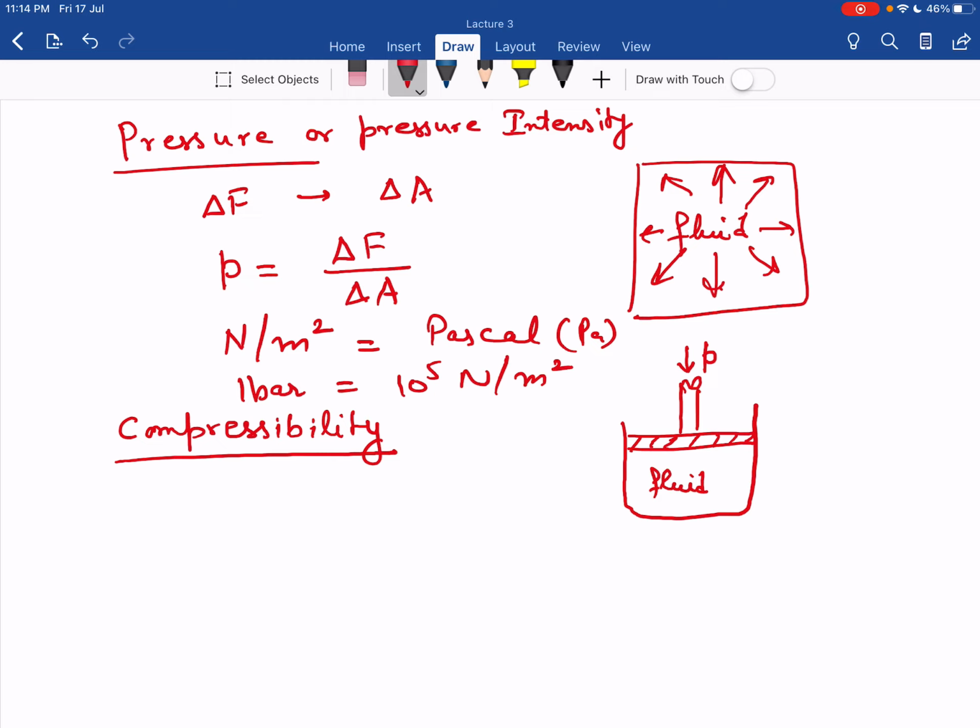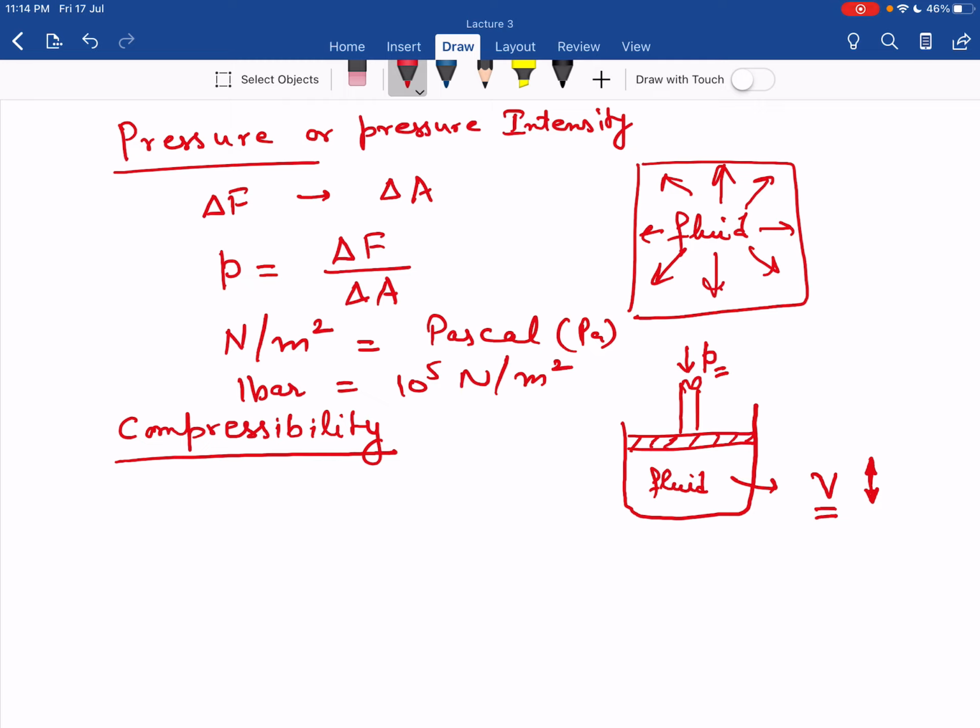Now when we apply this pressure on this piston, this volume changes. Okay, so the relative change in this volume per unit pressure, that we call as compressibility or coefficient of compressibility.